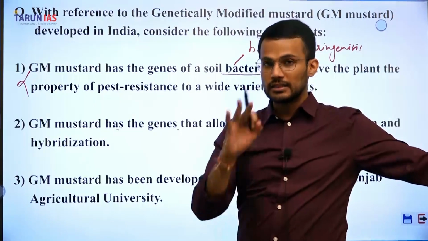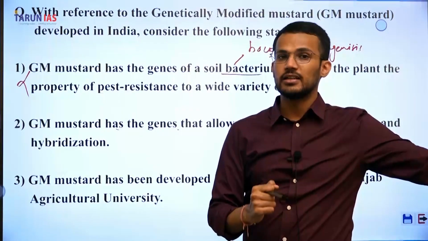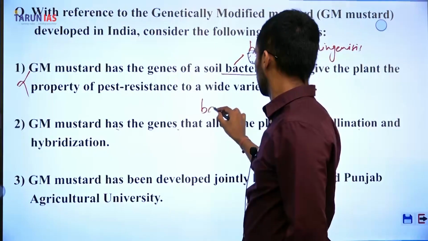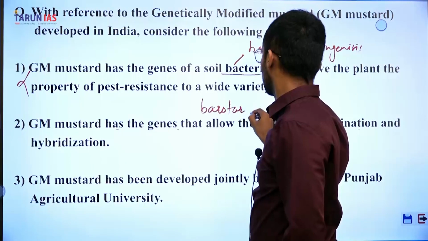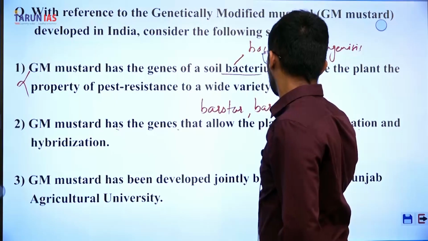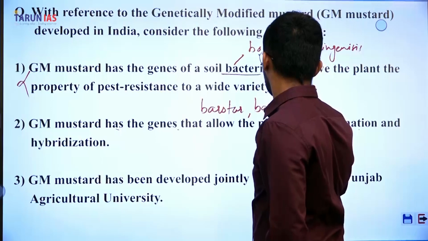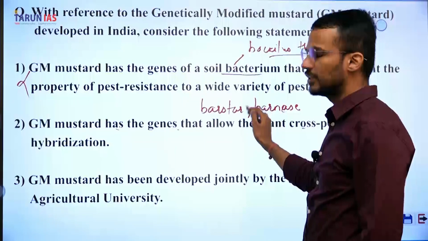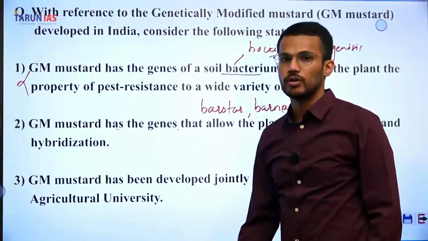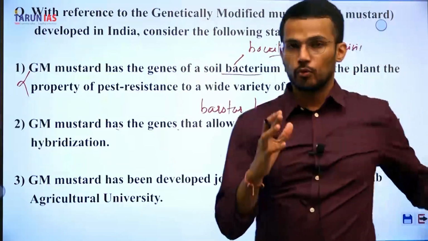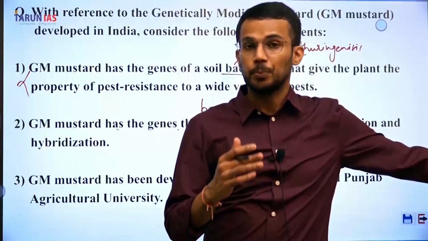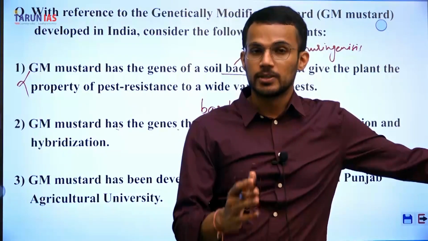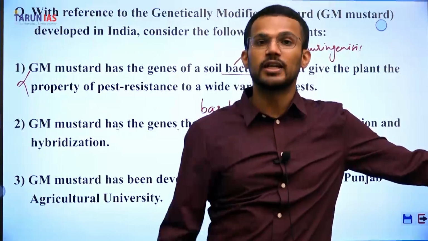So there are three genes that are present in GM mustard, and they are bar, barnase, and barstar. These are the genes present in the genetically modified mustard. One of the problems with respect to the development of GM mustard was that mustard is a self-pollinating crop.